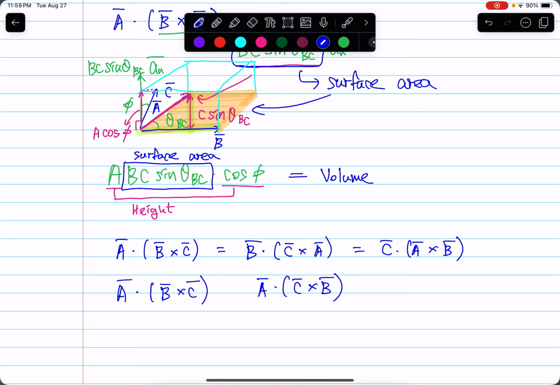So that would be a minus the whole thing. Okay? Because as we know, these two have this kind of correlation.